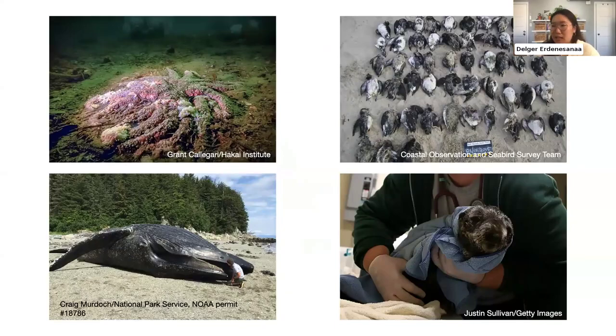Seabirds and seals and whales were all starving because there wasn't enough plankton for fish to eat and then not enough fish for these larger animals to eat. And so that's where we started this project, looking back on what we've learned from this terrible marine heat wave in the 10 years since it happened.